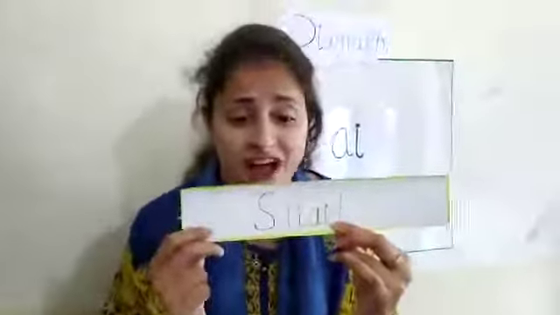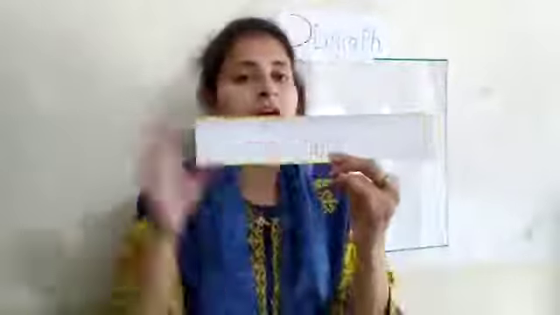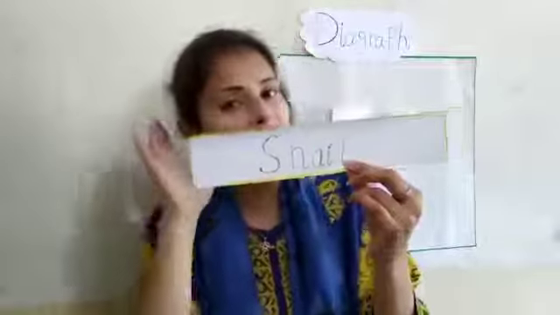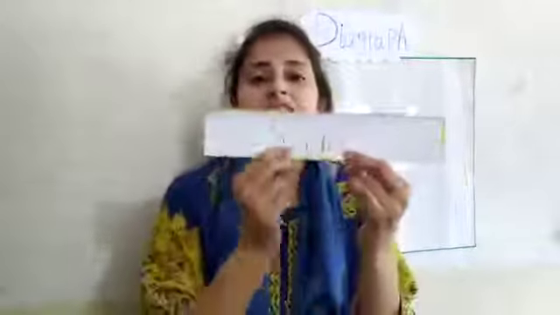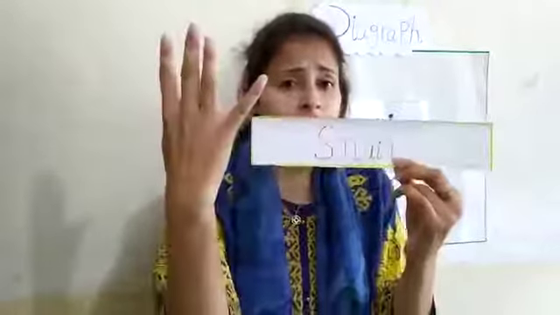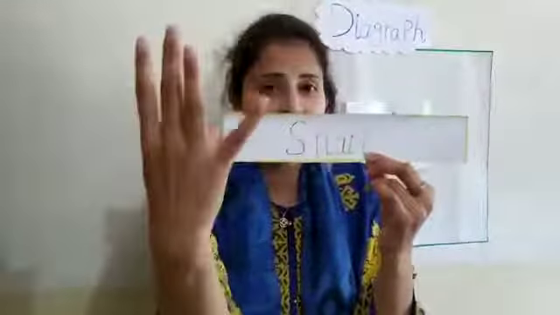No, it isn't right. S, A. Like a little lollipop. S, A, snail. And how many sounds are in the word snail? 4 sounds. S, A, snail.